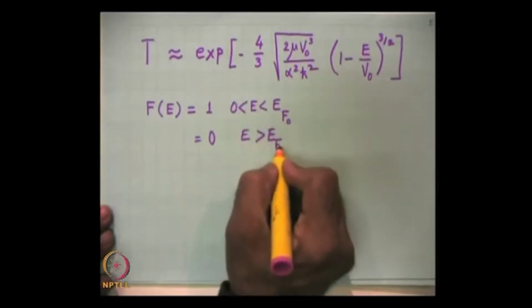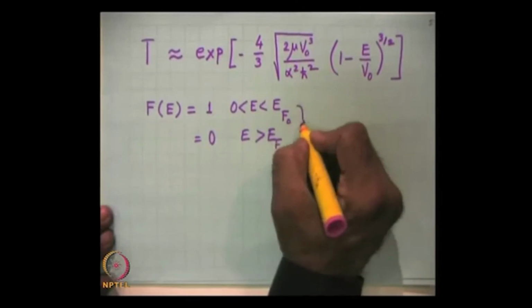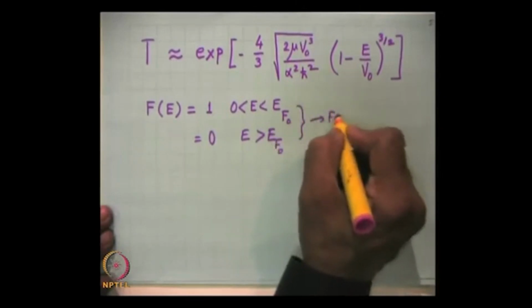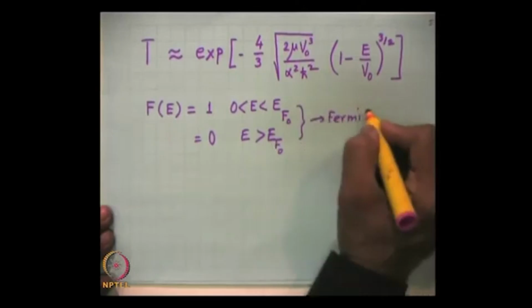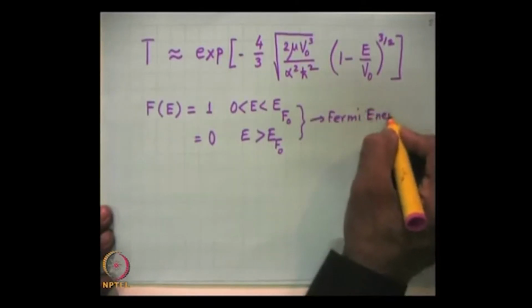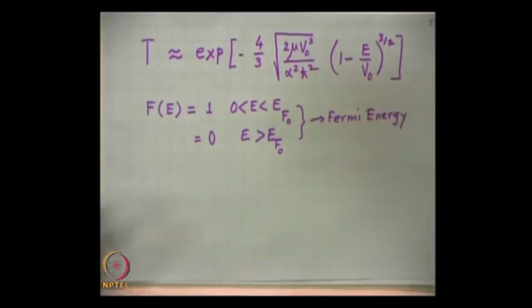This E f 0 is known as the Fermi energy, and it depends on the temperature also.